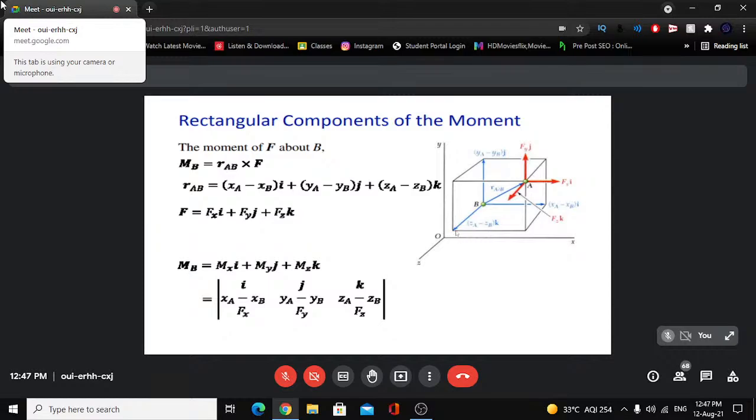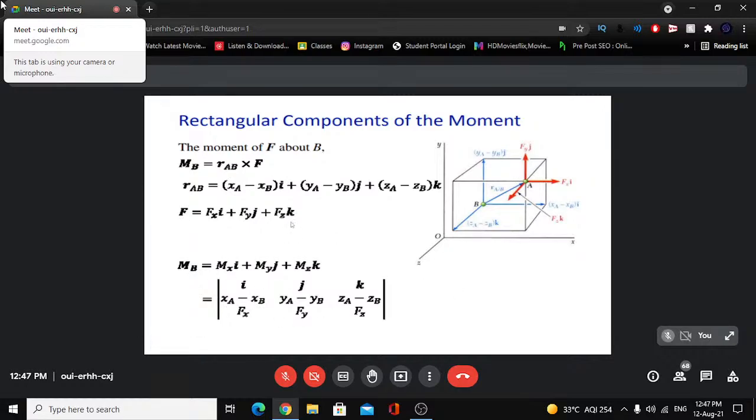or we can write in another manner. If you write this RAB, it would be RB, and we can join the position vector of A. So RA minus RB will be RAB, right? You know the position vector of A and you know the position vector of B. So RA minus RB is the RAB vector. In this case, we can write again in the determinant form.